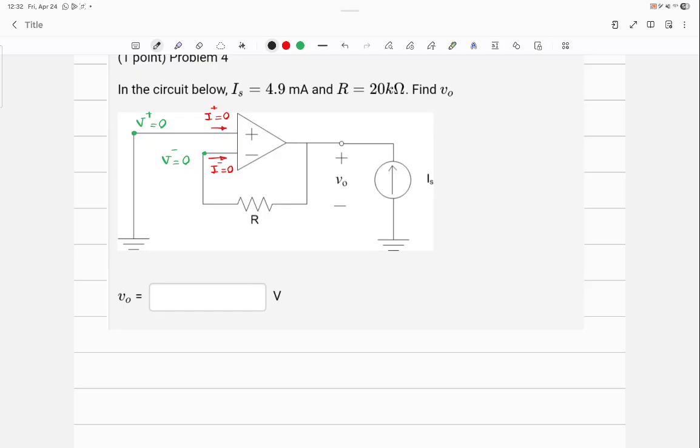So I'm going to move from the negative terminal to the output. If I move from the negative terminal to the output, I'm passing over a resistor. And a resistor has a voltage drop. What's the voltage drop of the resistor? 0. Why? There's no current passing through that.